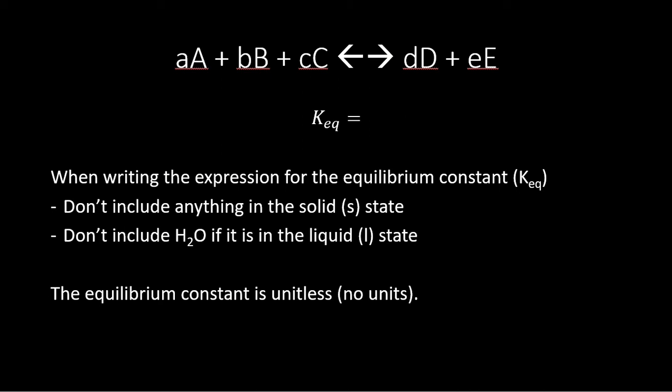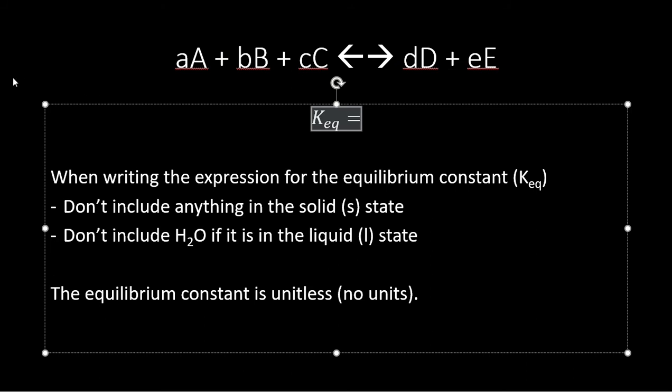We will not take into account anything that is in the solid state, and we will not take into account water if it is in the liquid state. Therefore, we'll look at anything that's in a gas state, that's aqueous, that is liquid, as long as it's not liquid water. And basically, that's what we're going to do. So just an example of this generic chemical equation right above.